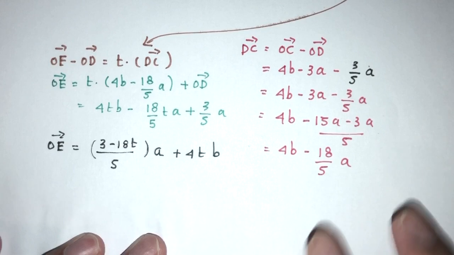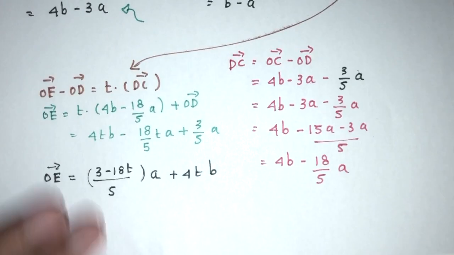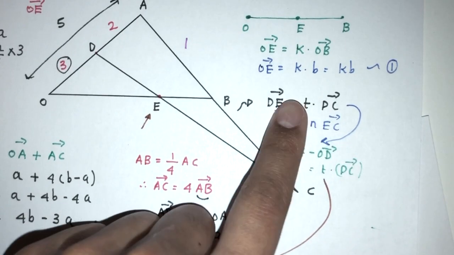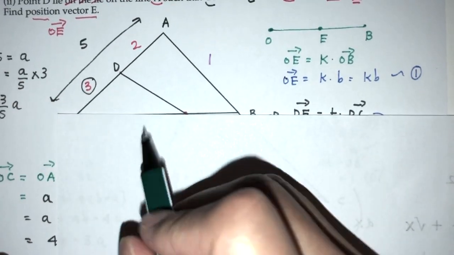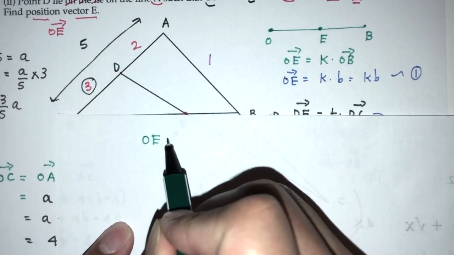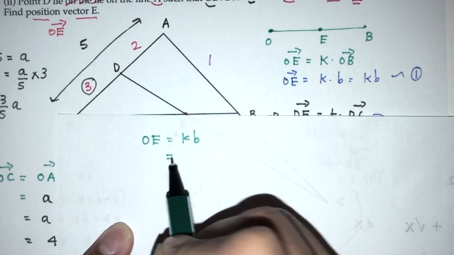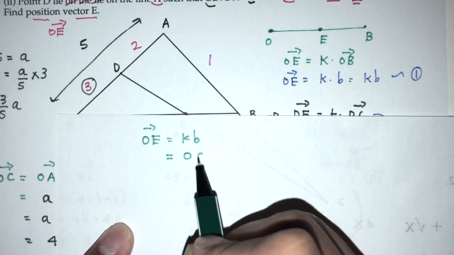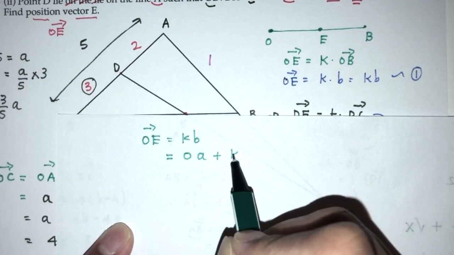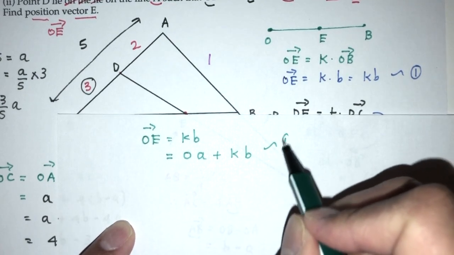Aha, so now we realize something, right? From the first equation, from the top, we have OE equal to this one. So let's write this down. We have first equation OE equal to kb. Now we can rewrite this as, because there's no value for a, 0a plus kb. That's the value for the first equation.